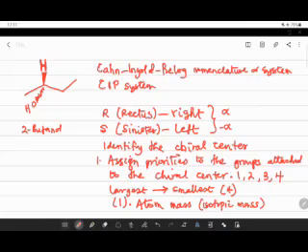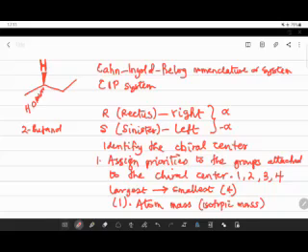So if we are not able to distinguish or assign all the priorities based on the first atom, then we go to the next atom, then we go to the next, until we are able to distinguish between the two groups.